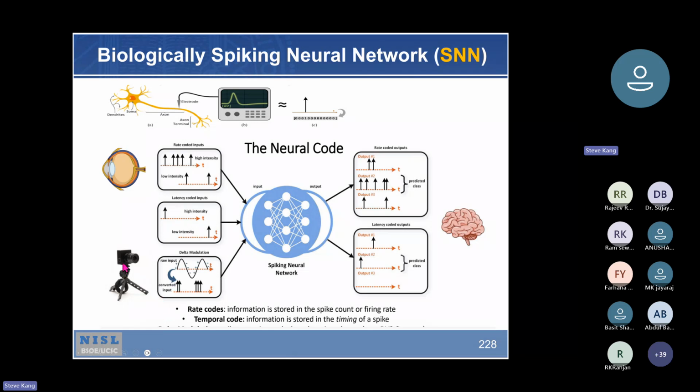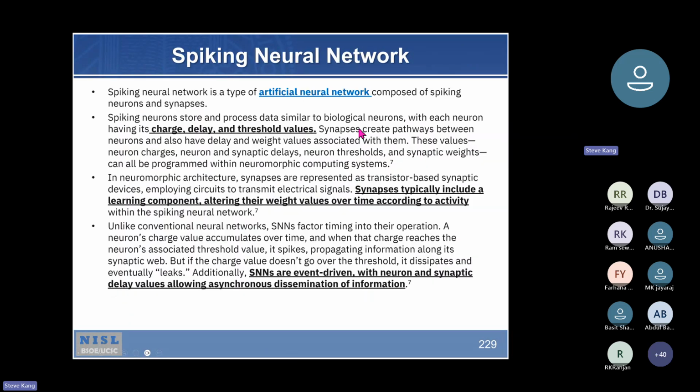And then if you have a camera, you can sample and create some spike input to represent the signals. And go through this spiking neural network, and then the output will also be spiking information. So that's the beauty of spiking: there's lots of sparse, quiet area. That helps us save energy in that regard. It's a sparse system, right?